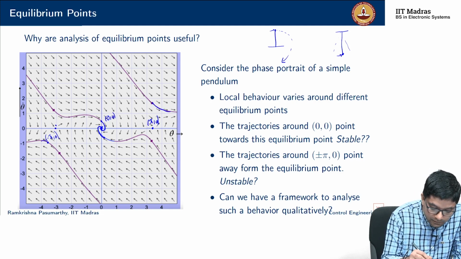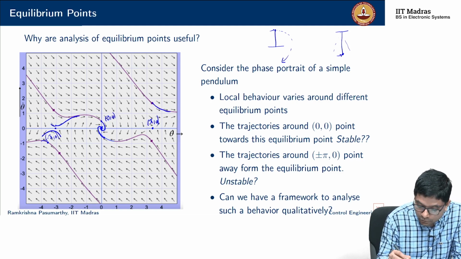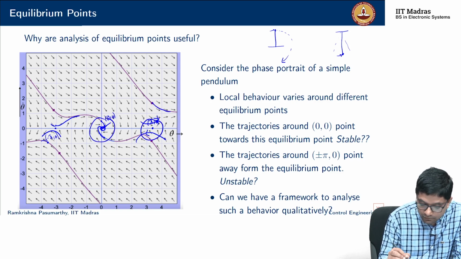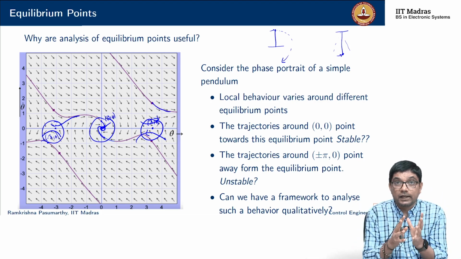If I will be here, I will just take this trajectory and go away. Okay. And similarly here, I will just take this trajectory and go away. So, around this point, in the neighborhood of this, all points come back to this point. Around the neighborhood of minus pi and plus pi, the points go away from the equilibrium point. Okay. So, the local behavior.